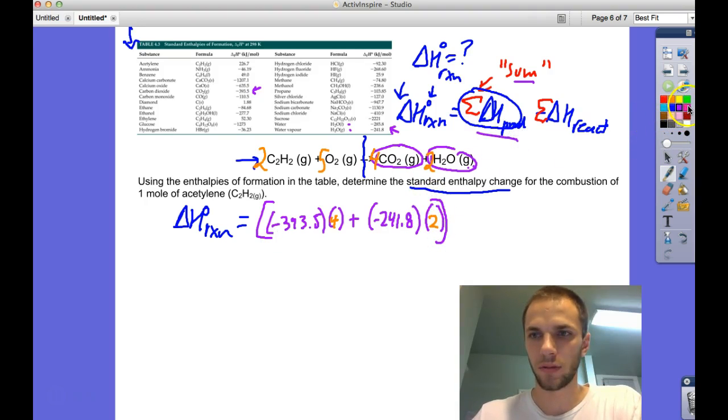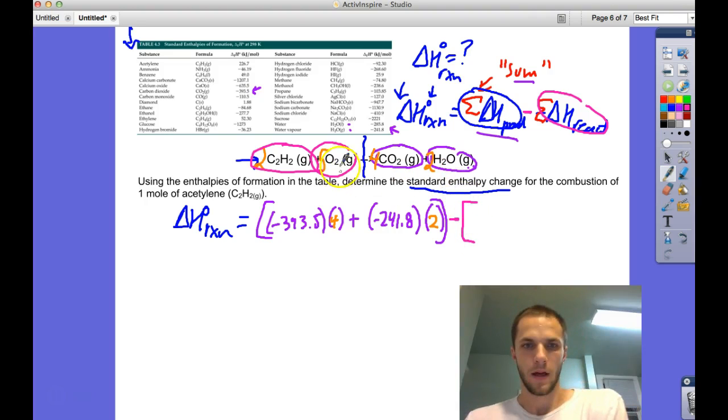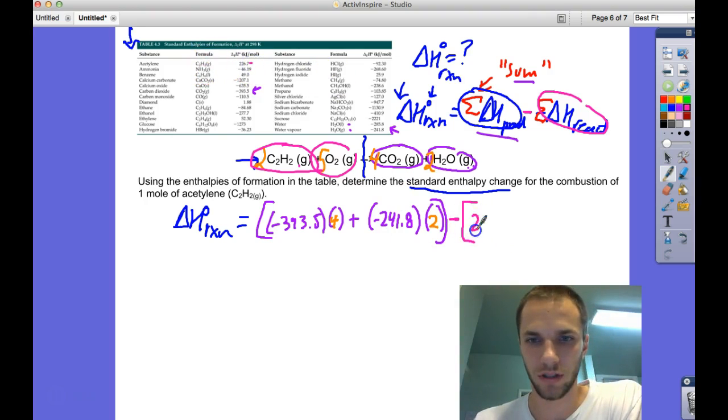Now I need the enthalpy of my reactants. So everything over here: 2 C2H2 and 5 O2. In the reaction, there was a minus sign here, so minus C2H2 gas. Let's find that in the table. C2H2 gas, 226.7 times how many moles of it? 2.